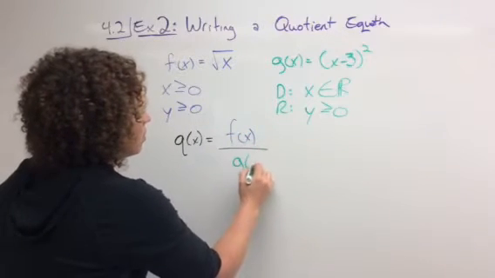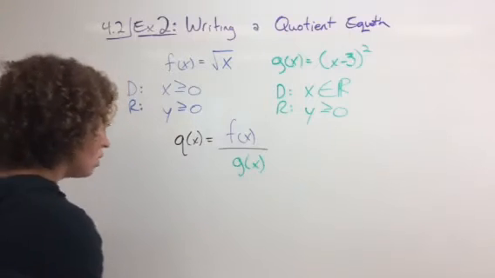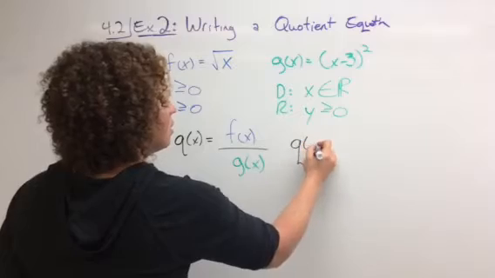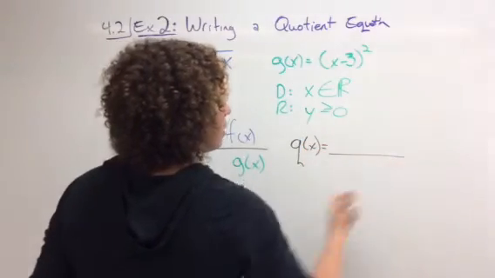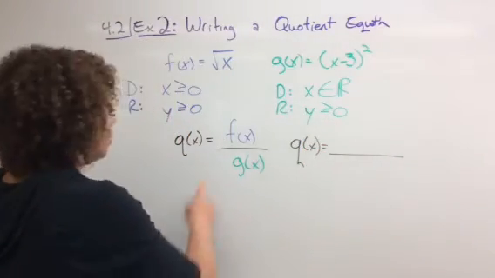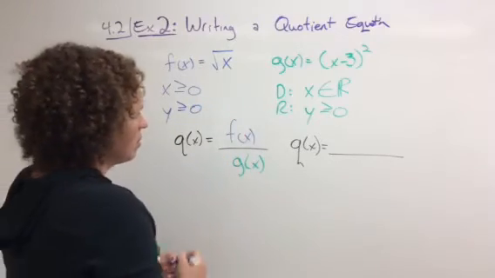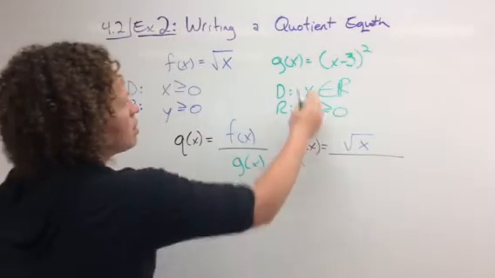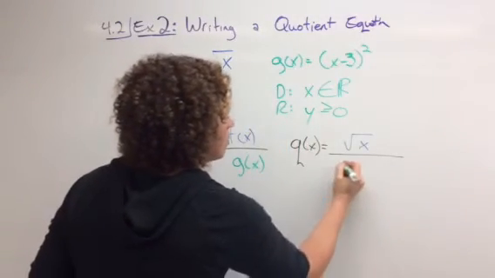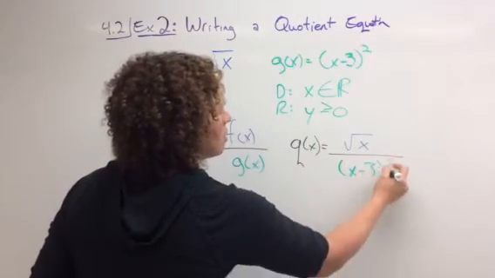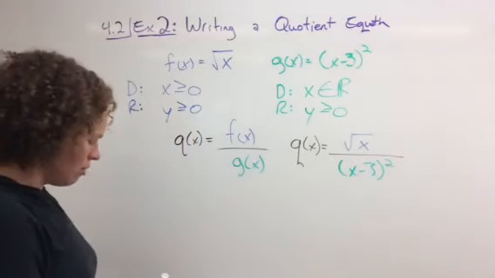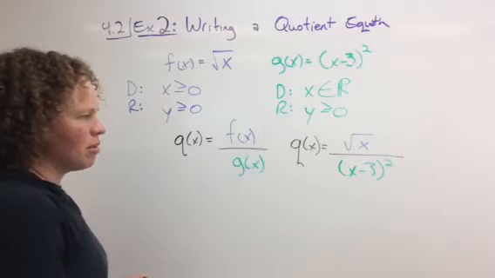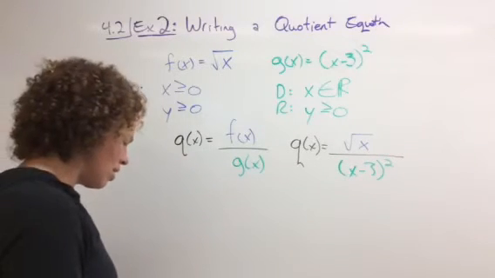So now we're going to write in q of x equals, make our line, and we're just going to write in this part of the formula where f of x was, and this part of the formula where g of x was, so it becomes x minus 3 squared. Now that's our new formula. We can plug that into a graphing calculator, and that's probably the easiest way for us to get our new domain and range.